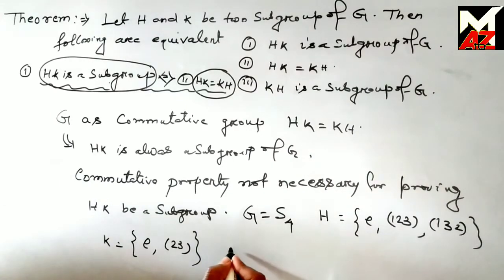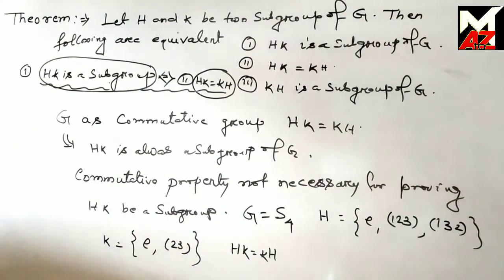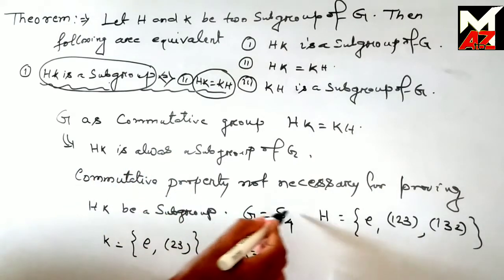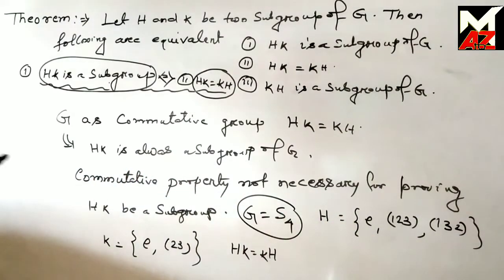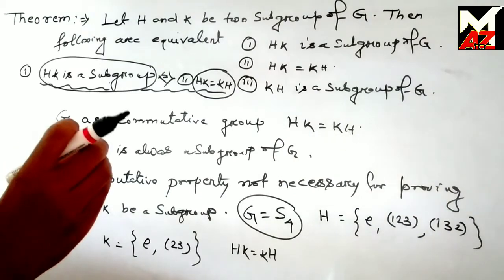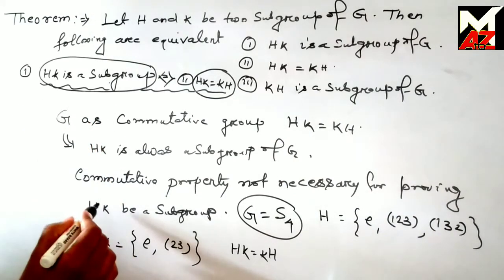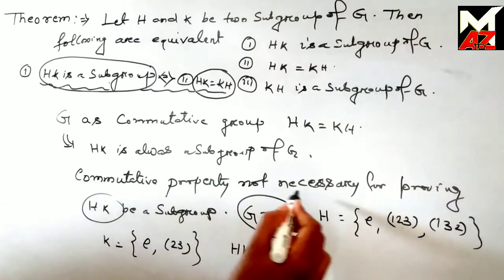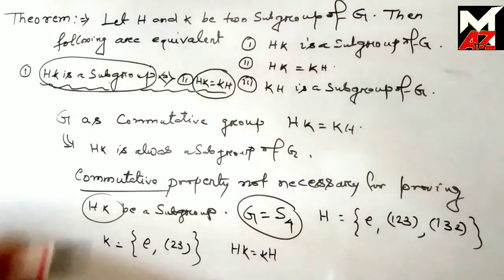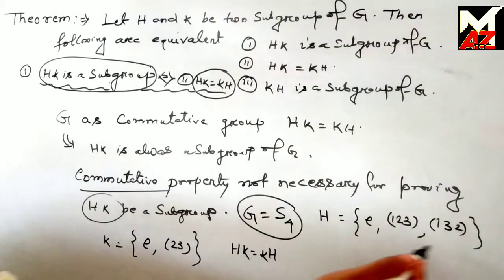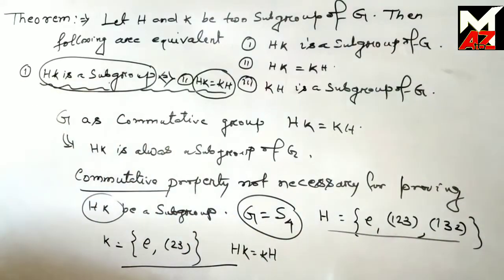Here obviously if we calculate HK and if we calculate KH, then both are the same. So HK must be a subgroup of G. But here S4, that is G, is not commutative. So to make HK a subgroup, it is not necessary that G must be commutative. So the commutative property is not necessary for this, and this is the important example to show the not-necessary condition.